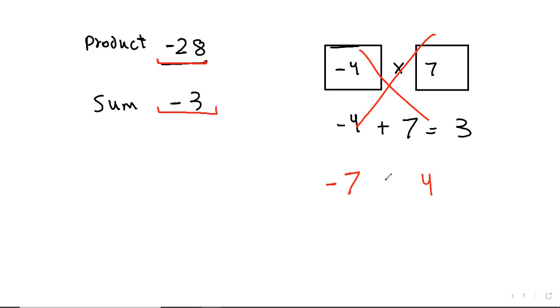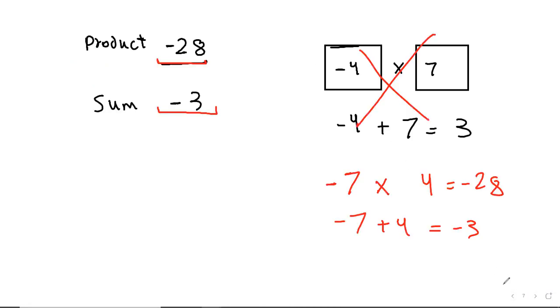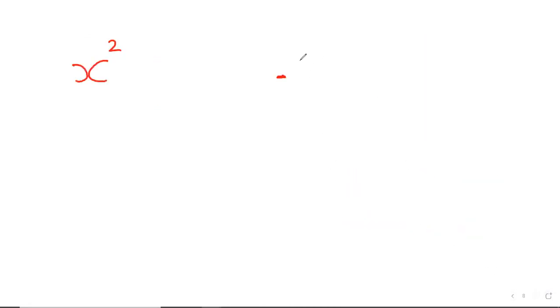Let's check it out. Negative 7 times 4 is negative 28. And negative 7 plus 4 equals what? Negative 3. So if I asked you to factorize x to the power of 2, and at the end negative 28, and negative 3x in the middle.